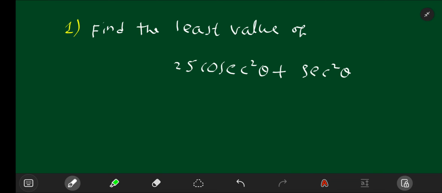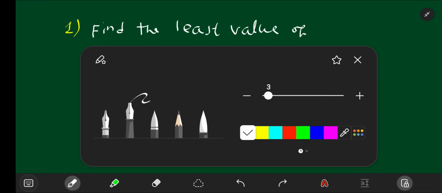Find the least value. Least value in the sense minimum value only, no? Least in the sense minimum. Okay.